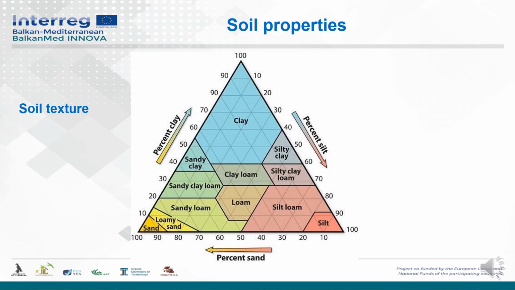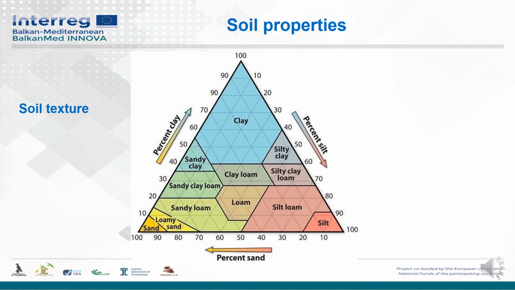After we have defined this and calculated their percent of the whole sample, then we try to find where this percentage of clay, silt, and sand meet together, and exactly the point where they meet defines the texture of the soil.